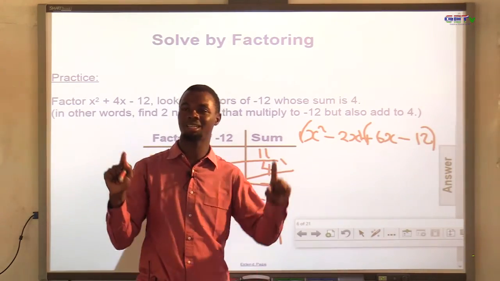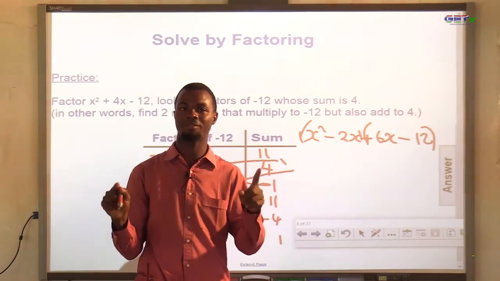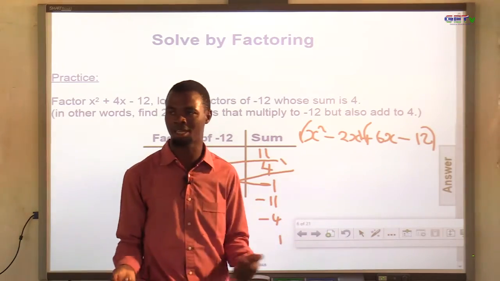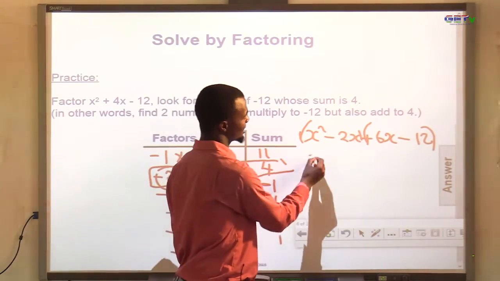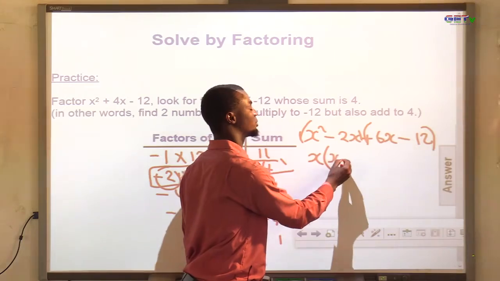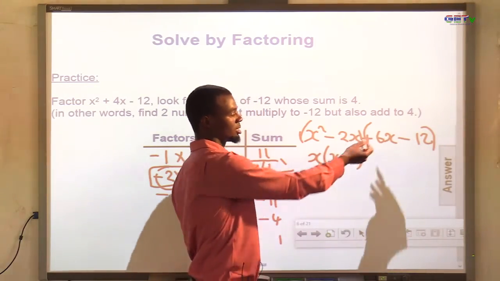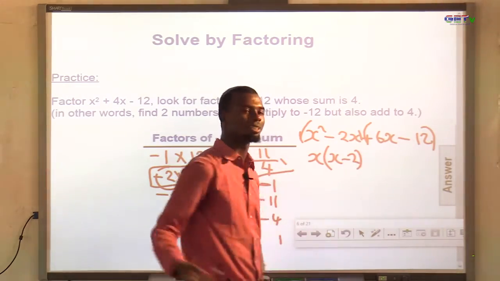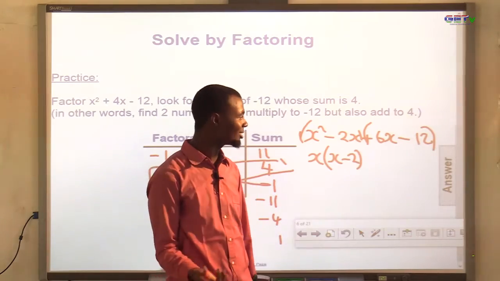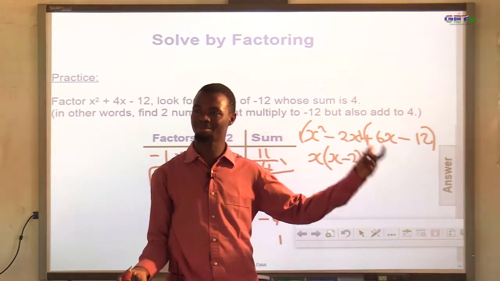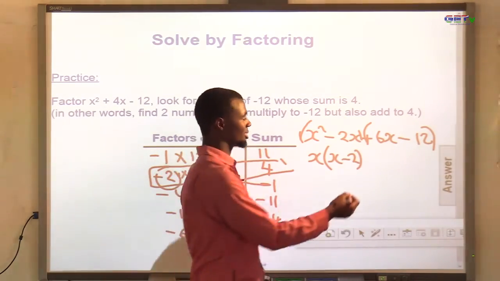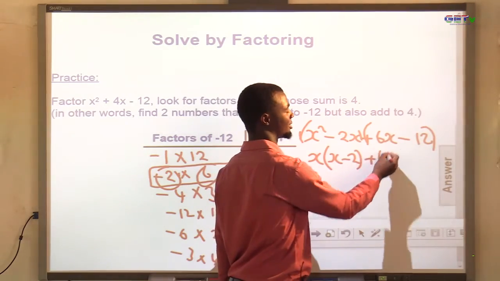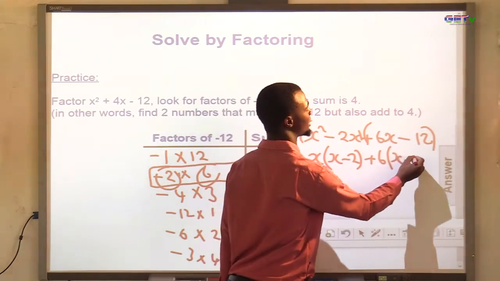We have only the variable common. So when a variable is common, you take the variable with the lowest degree. That is x. Then inside you will have x minus 2. Similarly for this one, what is common to 6x and minus 12? That is plus 6. Then you have here also x minus 2.